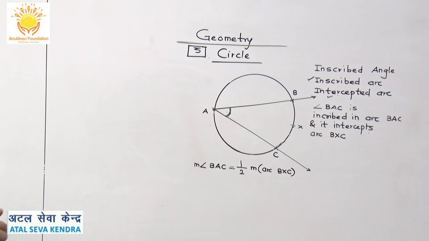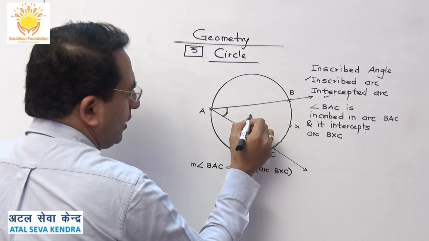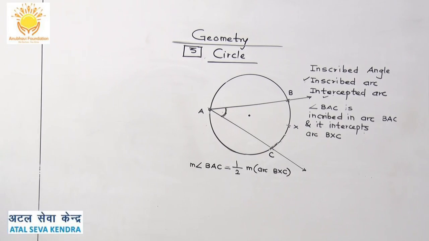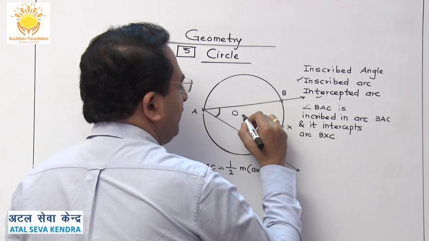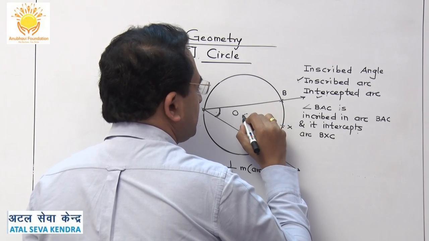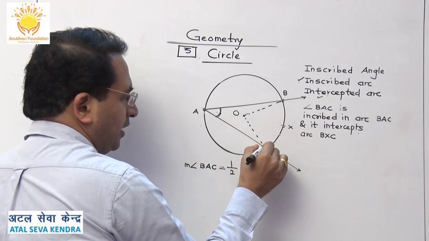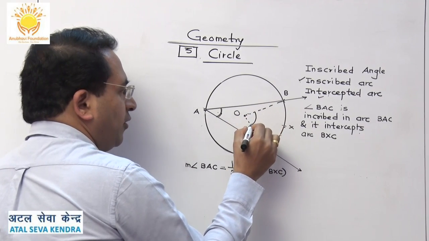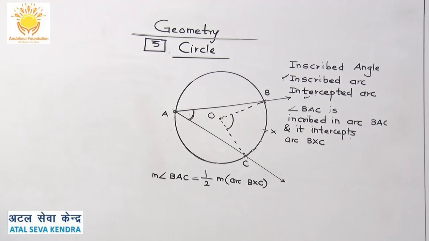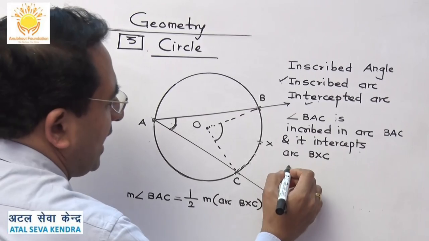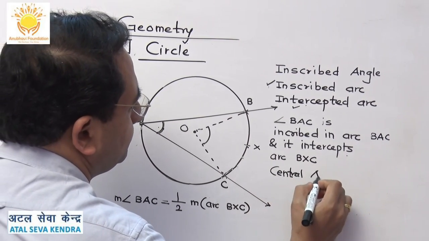Now there is one center which we have not shown, but now I am showing it here, that is point O. If I join this point with the center, and this point with B and C like this, then whatever angle is formed at the center of the circle is called the central angle.